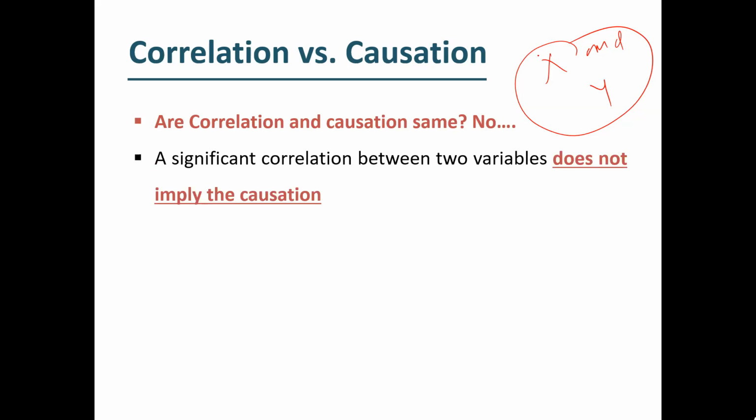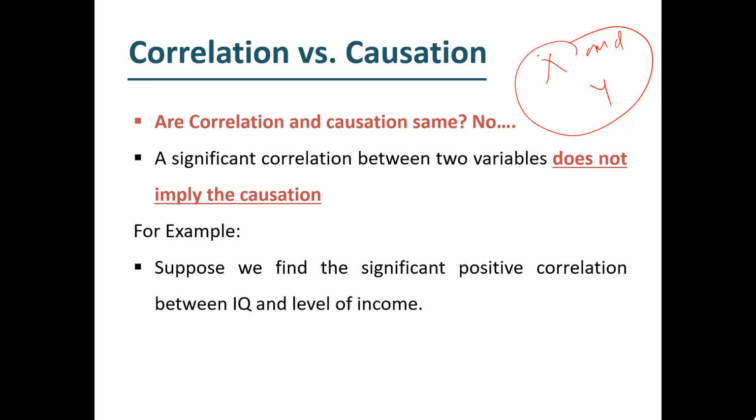Significant correlation between two variables does not imply causation. For example, suppose we find a significant positive correlation between IQ and level of income. We have these two variables, IQ and level of income, right?